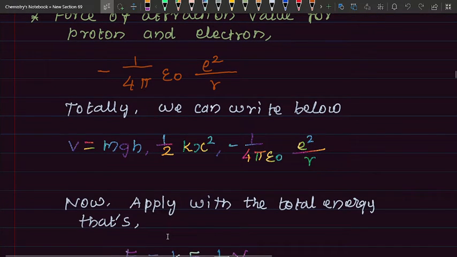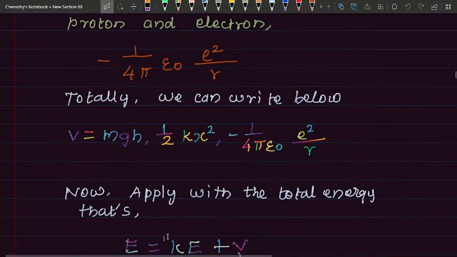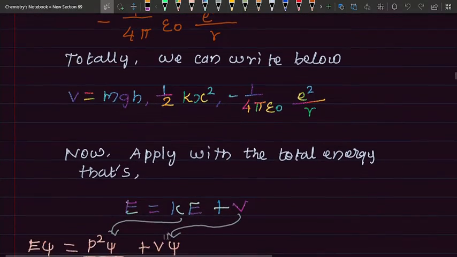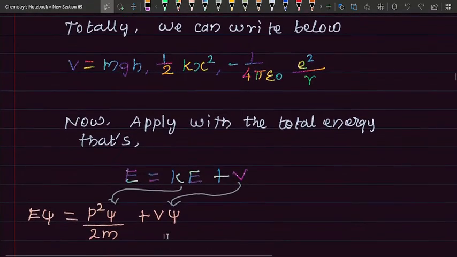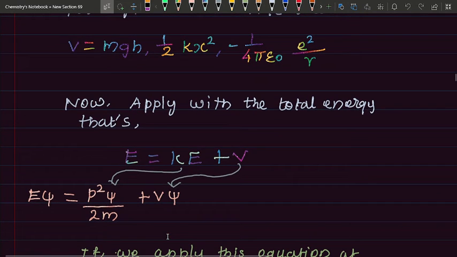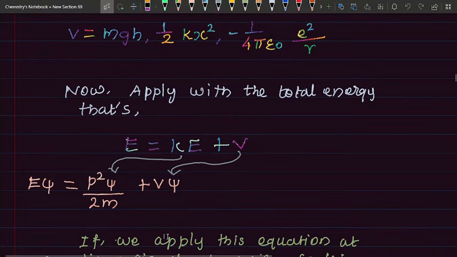Now apply the total energy, E equals Ke plus V. Here E psi equals p square psi divided by 2m plus V psi.